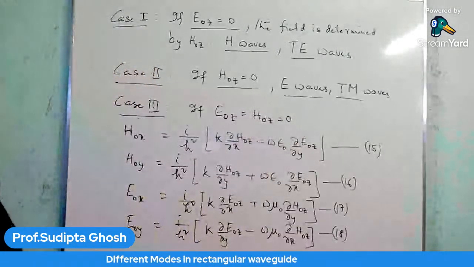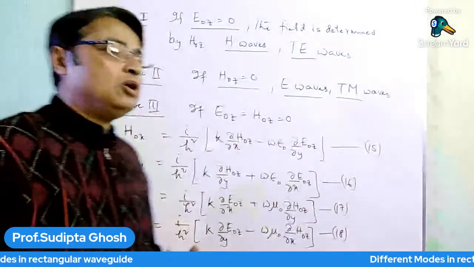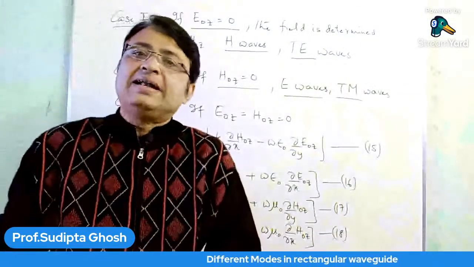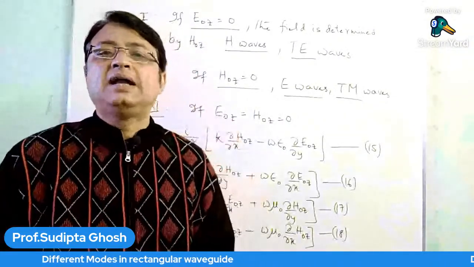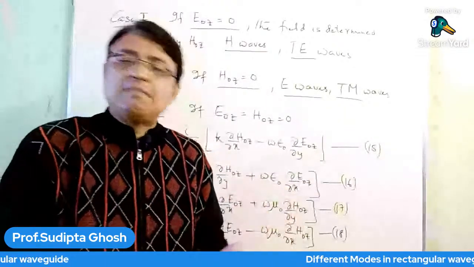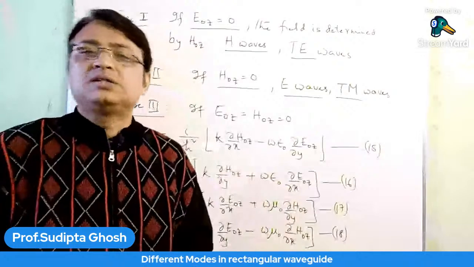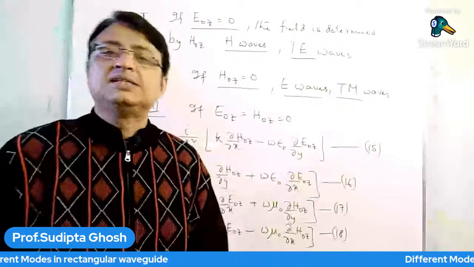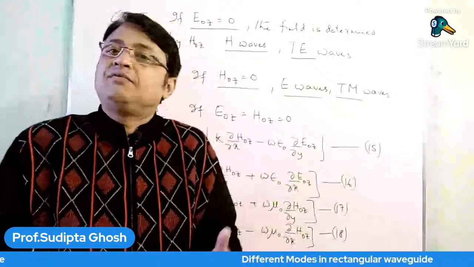From the theoretical aspect, if both the longitudinal components of electric field and magnetic field vanish, then from similar arguments we can tell that only the transverse components of electric and magnetic fields will be there.